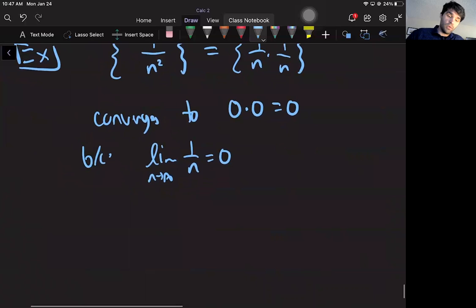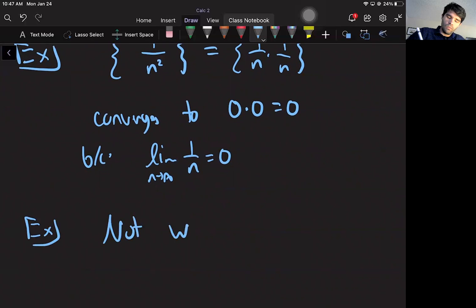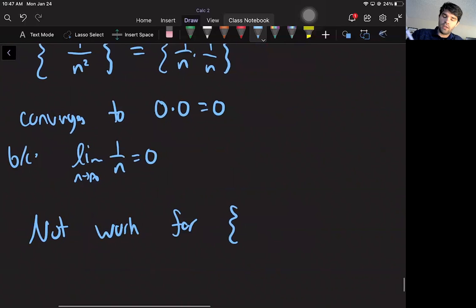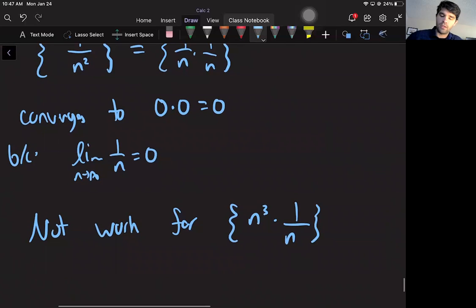So notice that this wouldn't work for something like this if I did like n cubed times 1 over n or something.